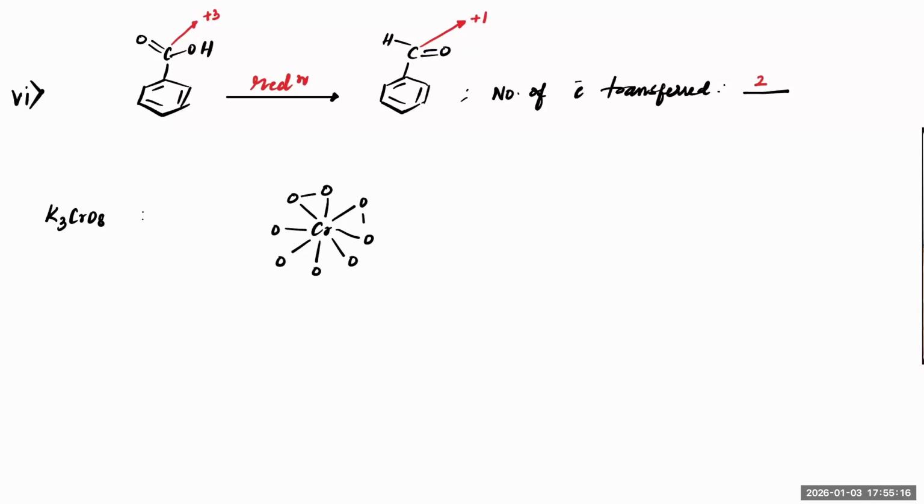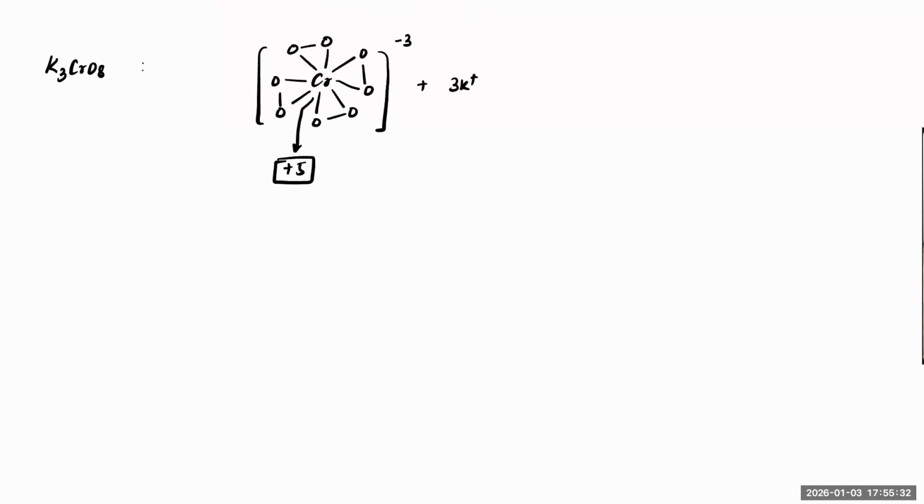And the thing here is it is overall -3 charge and 3 K plus, which makes the chromium have a +5 oxidation state. This is a very unique case. Correct. This is one important case to know.